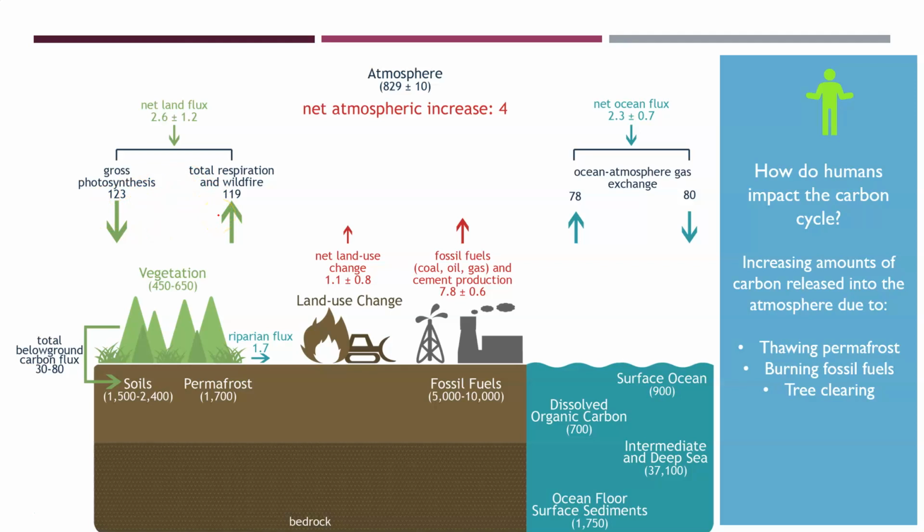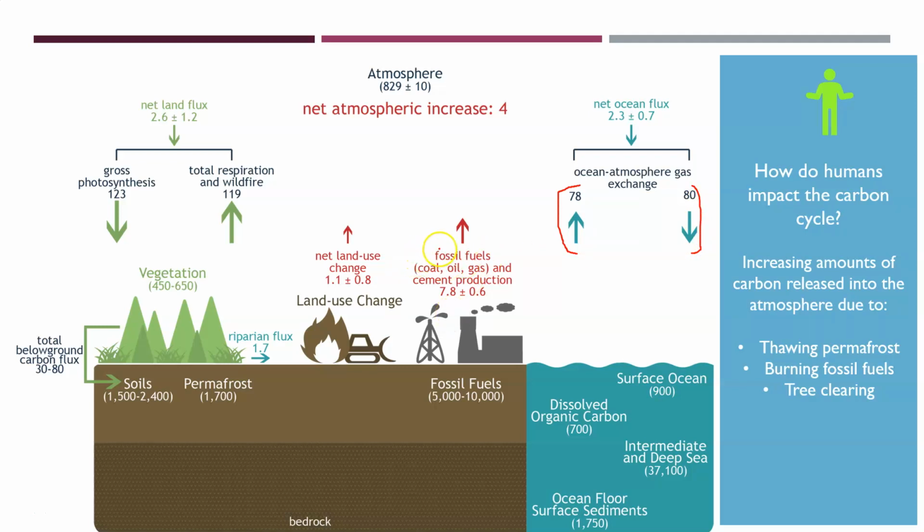You can see those are fairly balanced, so the amount going out is the same as the amount coming in. Over in our ocean, it's the same way. There's just some gas exchange at the ocean with carbon dioxide dissolving in and out of the water. Pretty balanced, right? What's going in is pretty equal to what's going out. Not a big overall change.